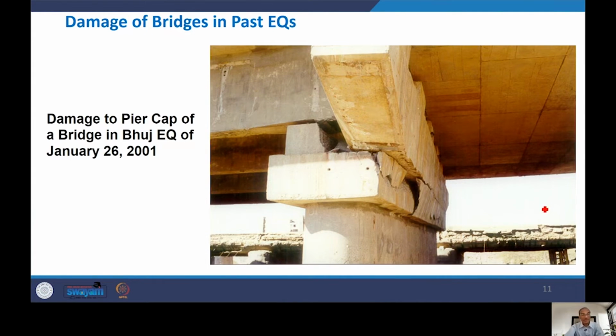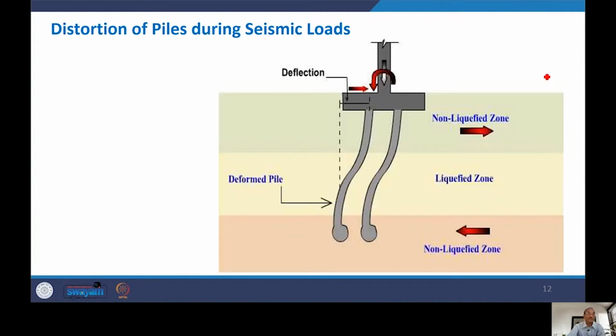Now, what happens due to this soil amplification or liquefaction? Typical examples: what happens to the piles when they are passing through liquefiable and non-liquefiable zones. We discuss these kinds of things when we discuss piles and liquefiable zones, and again we are discussing here. As mentioned earlier, say you have the piles, on top of them you have the pile cap, and on top of it you have the piers.